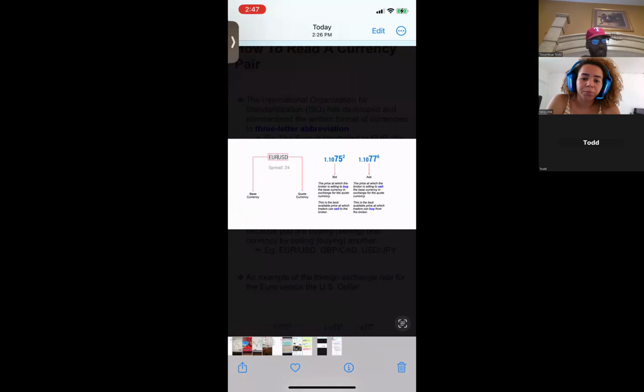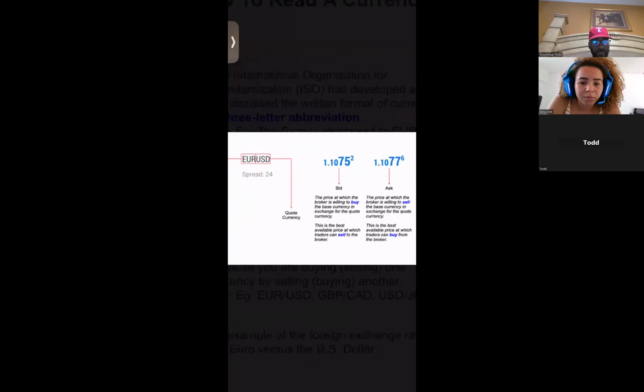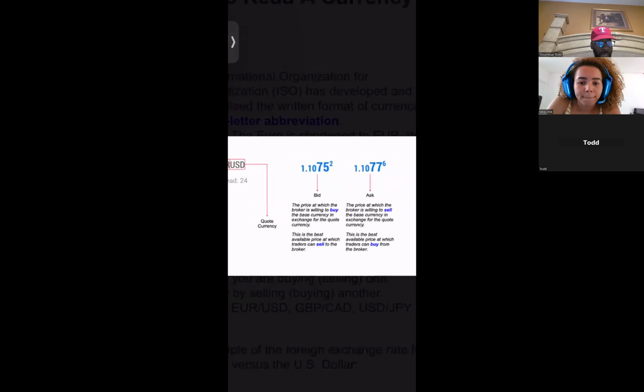Okay, let's talk about spread. The spread in a currency pair is the price that the broker is willing to buy a pair for. That's the bid. The spread is the difference between the bid and the ask, right?